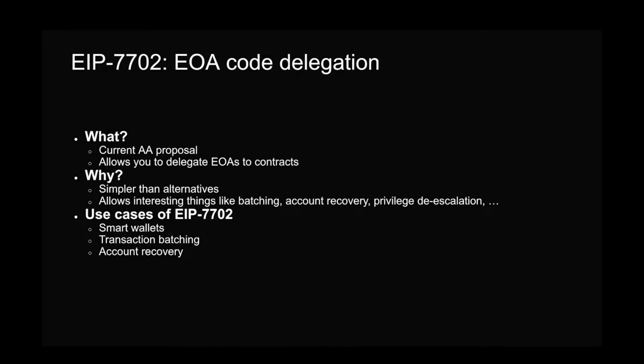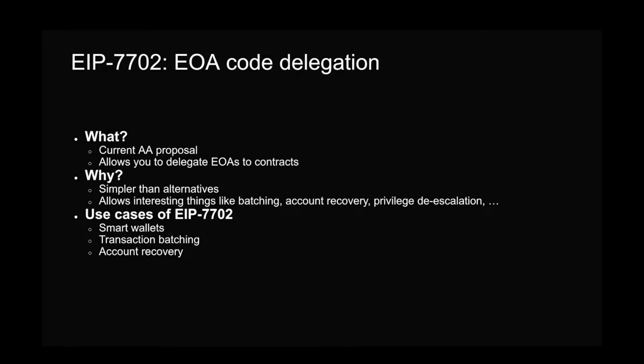So you can delegate, sort of like a delegate call if you're familiar with the EVM. You can delegate your EOA to use the bytecode of another account. This used to be transient, but now it's permanent in the sense that once you delegate, it's always delegated until you explicitly decide not to delegate anymore.